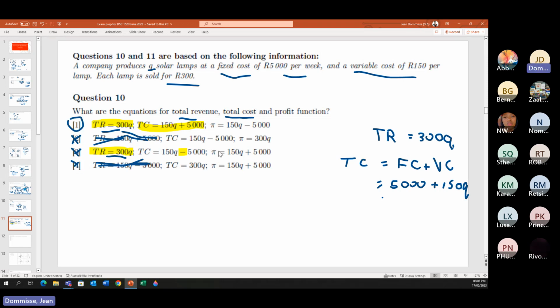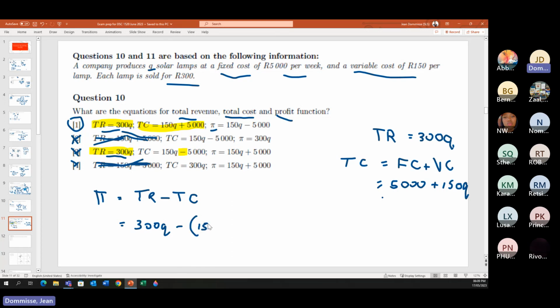But if we need to work out the profit function, we know the profit function is equal to total revenue minus total cost. Total revenue was 300Q minus total cost.